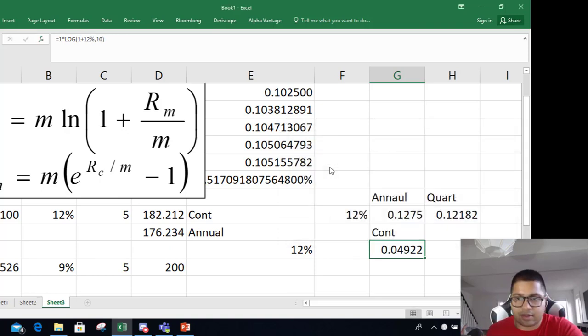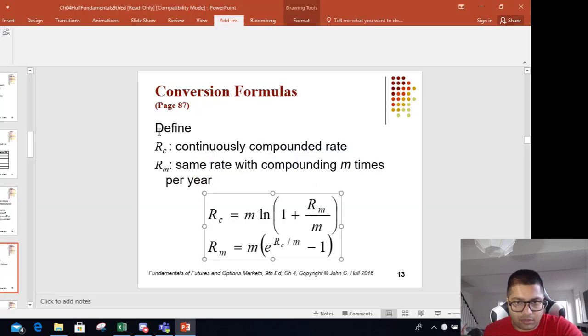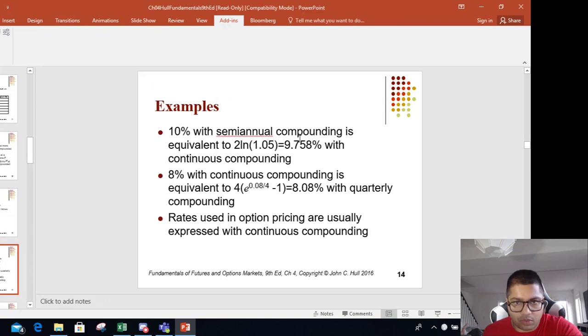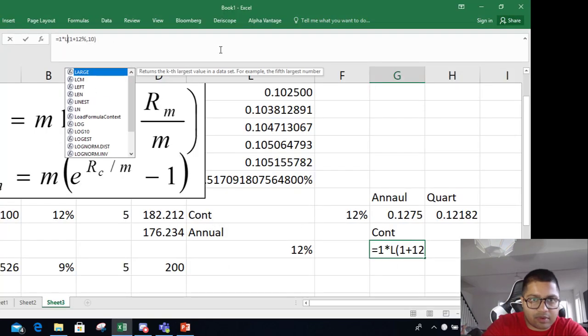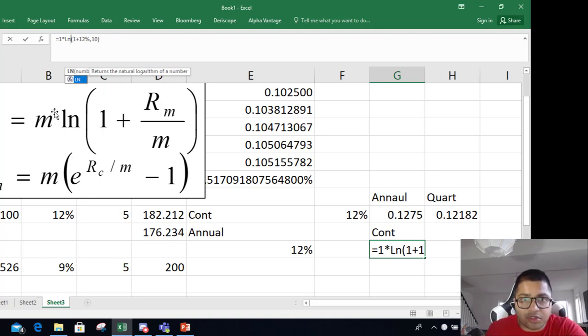Normally the base is 10. Well, let us see. Semi-annual compounding is 2 times the logarithm of 1.05. So this function we are using is wrong. It should be ln, natural log, not base 10 log. That was the problem.